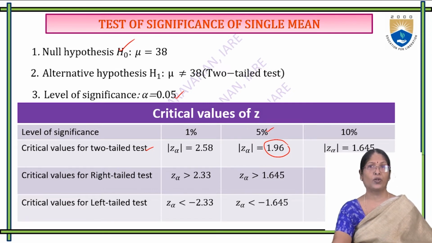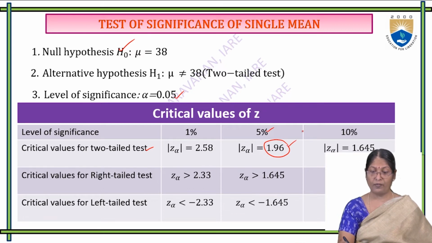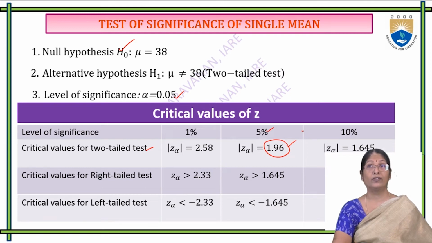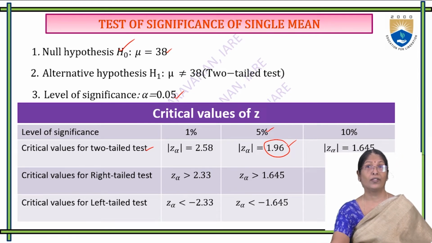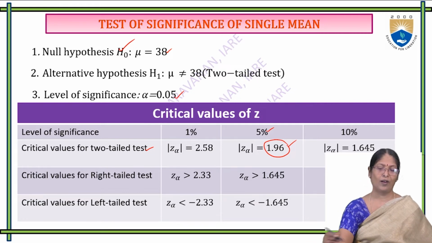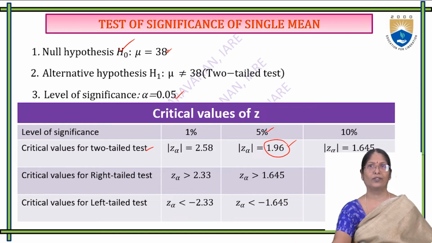These values are very important because the judgment depends upon this tabulated value. If it is more than our calculated value, then we can accept the defined statement that the population mean is equal to 38. If the tabulated value is less, then this is wrong, and we have to reject.